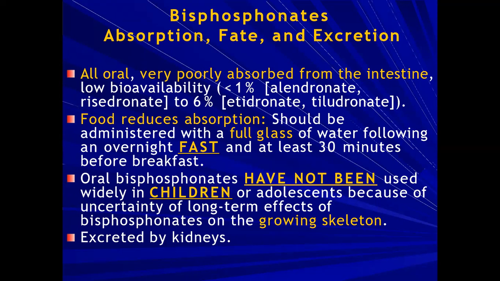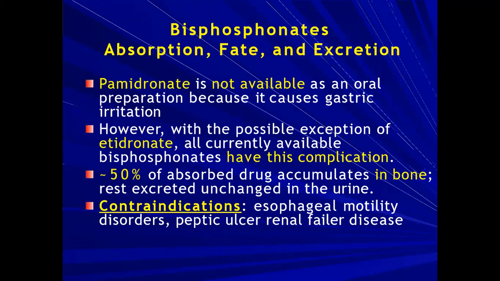Oral bisphosphonates have not been used widely in children or adolescents because of uncertainty about the long-term effect of bisphosphonates on the growing skeleton. Bisphosphonates are excreted by the kidney. Pamidronate is not available as an oral preparation because it causes gastric irritation.